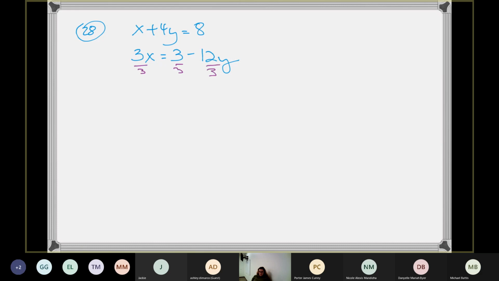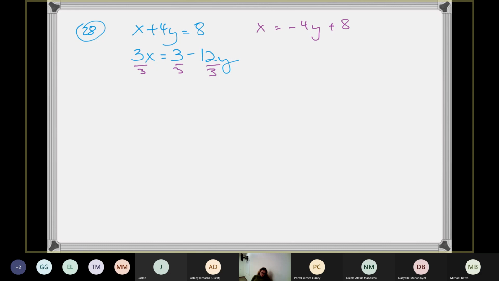And that works nicely here because everything is a multiple of 3. You can do that, not a mistake, either way. But I'm going to say x equals negative 4y plus 8. In this case, it doesn't matter. Makes absolutely no difference.